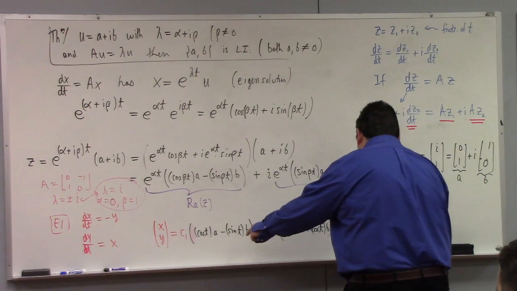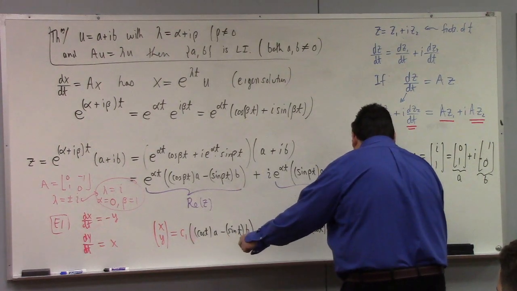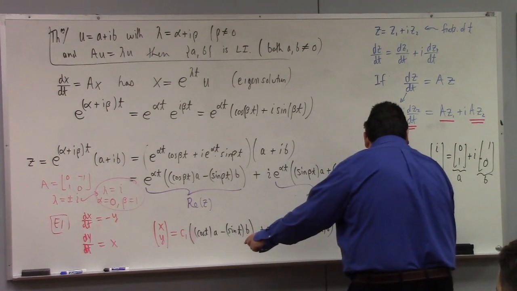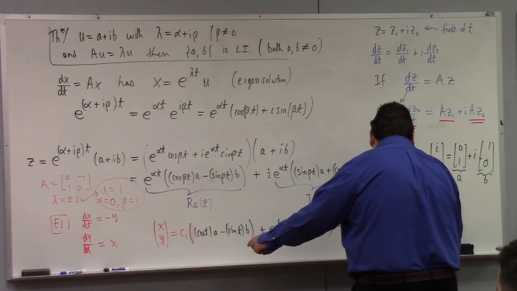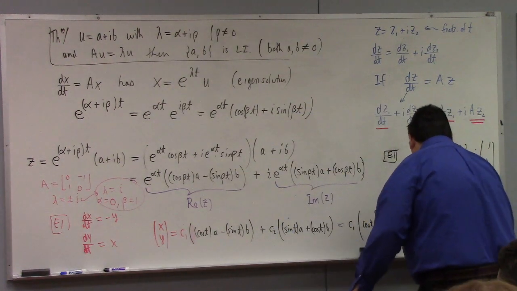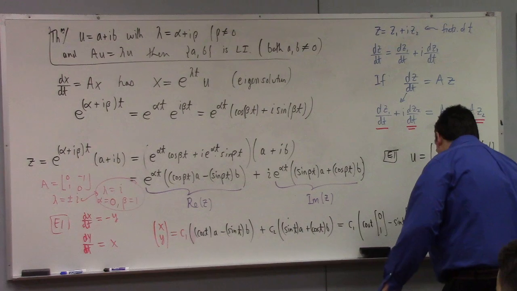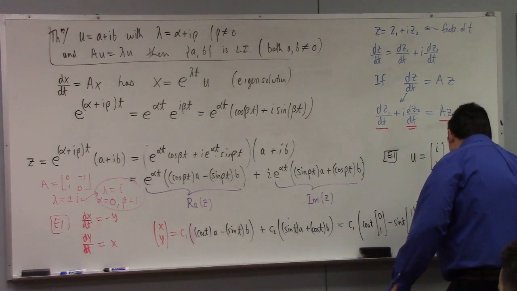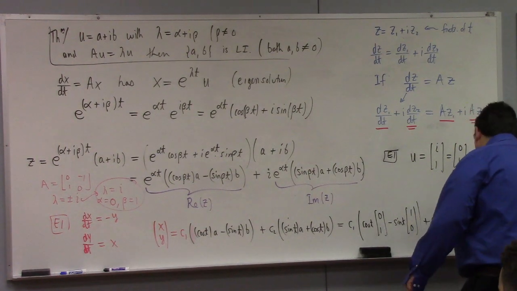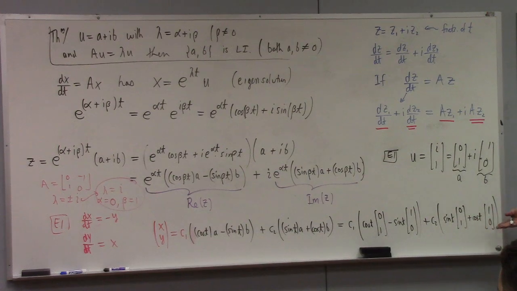So I get cosine t times 0, 1 minus sine t times 1, 0, plus c2 times sine t times 0, 1 plus cosine t times 1, 0. And that is the solution to the differential equation.